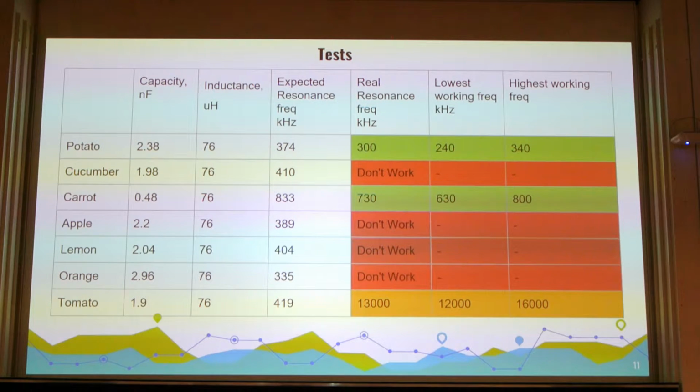But I see that for potato and carrot it was working. For lemon, orange, apple, and cucumber it wasn't working. And for tomato it was working on an absolutely different frequency, 13 megahertz instead of some hundreds of kilohertz.